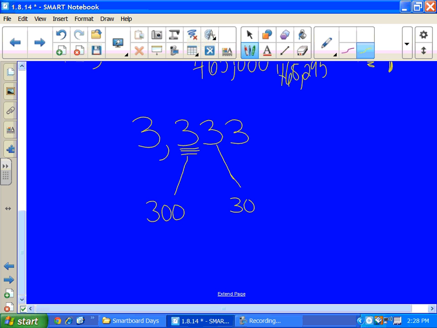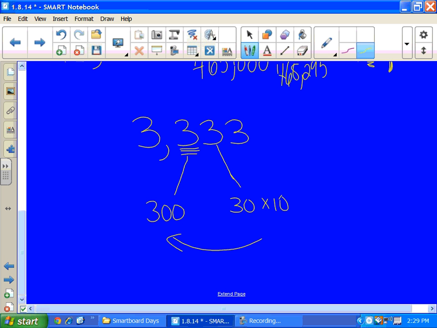And we know the value of that is 30, and we can prove that because 30 times 10 is equal to 300. So 300 is 10 times as big as 30. It is the relationship between the place values.